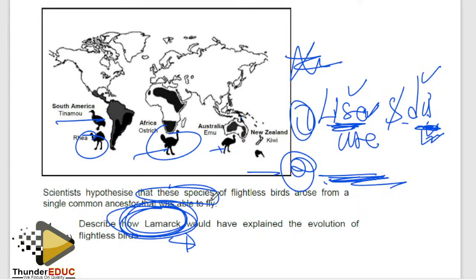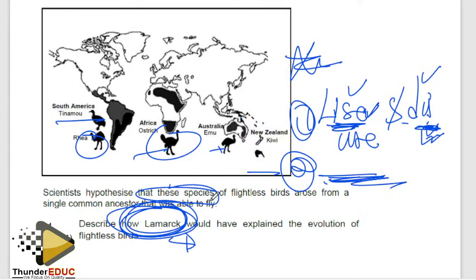There is not enough evidence to show that the flightless birds acquired this character, or passed this character to the next generation, from being flying birds to flightless birds.